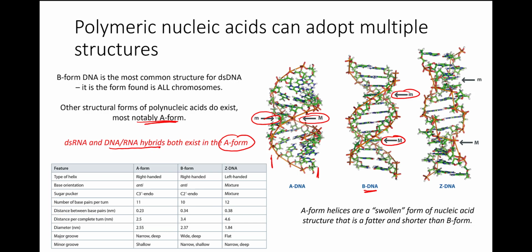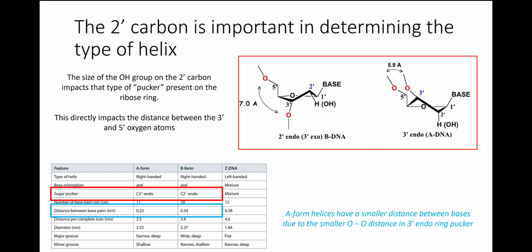All of this happens because of something known as sugar pucker. So if we focus in on the table and really think critically about sugar pucker and distance between base pairs, in B form DNA the deoxyribose adopts a different sugar pucker than in A form. In B form DNA, we see here that our 3' hydroxyl group is oriented out and the 2' is up.